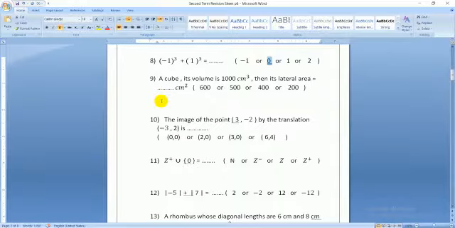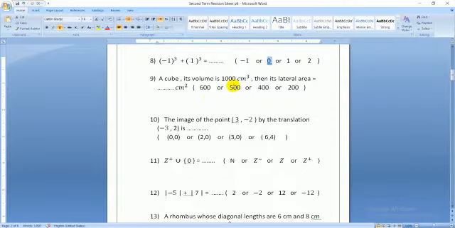Number 9, a cube. Its volume is 1000 cubic centimeters. Then its lateral area equals what? First, you must get the side length. Here, he gives you the volume, 1000.